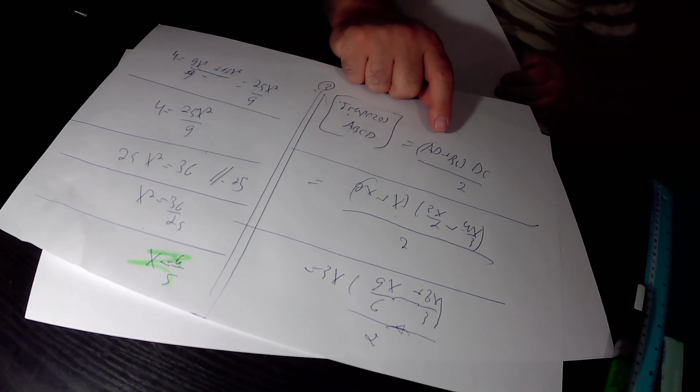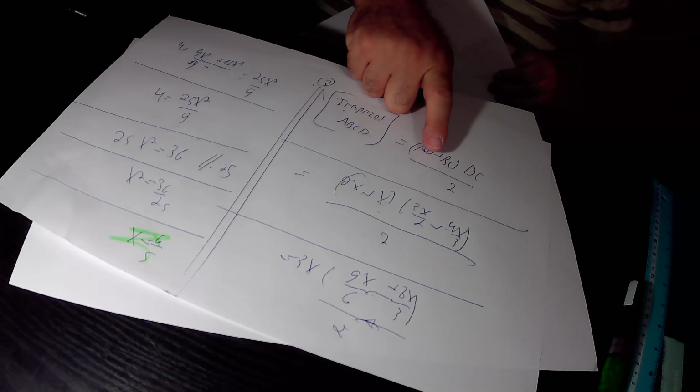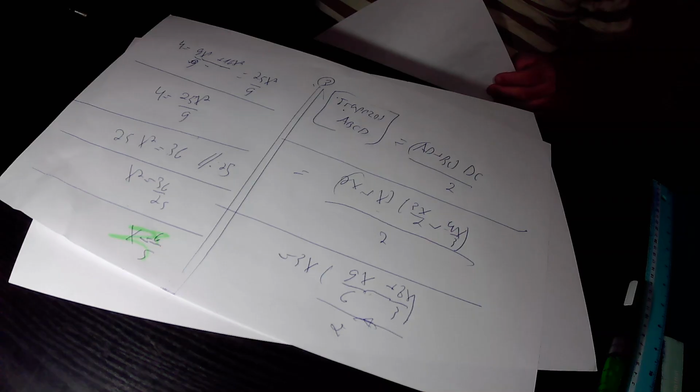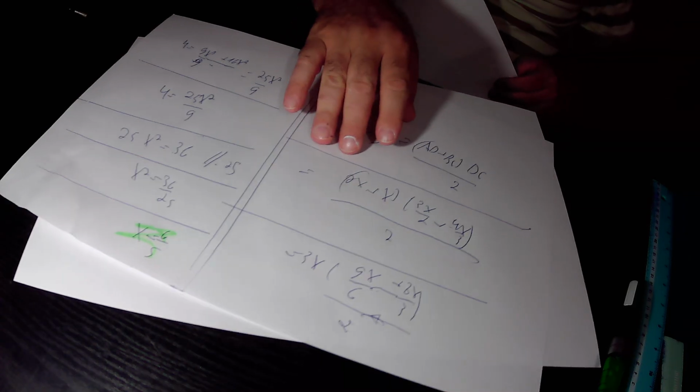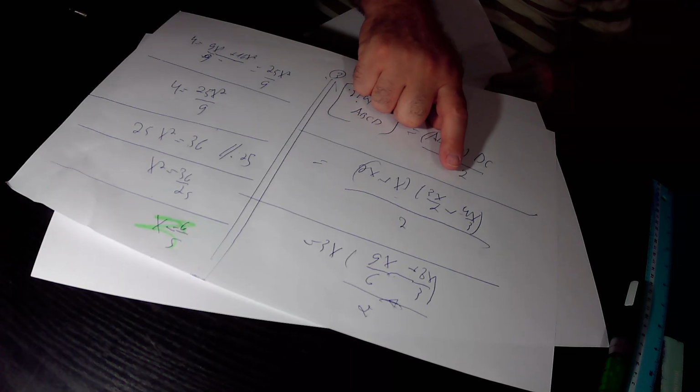AD is 2x, BC is x, and DC in total is 3x over 2 plus 4x over 3, divided by 2. 2x plus x is 3x, and here we take 6 as a common factor out of this expression.